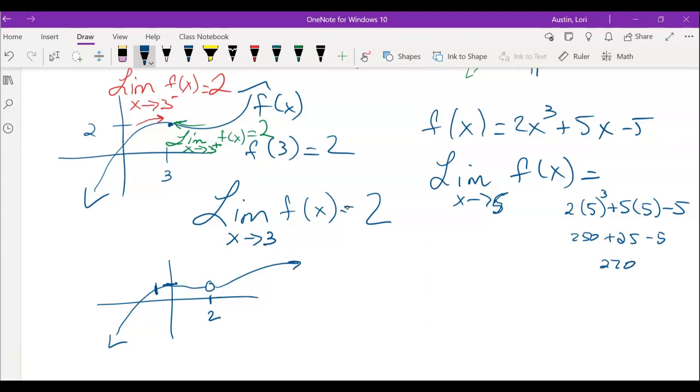So, can you define f of 2? Can you actually define f of 2? Is there a value at f of 2? No. The function itself is actually undefined at x equals 2.